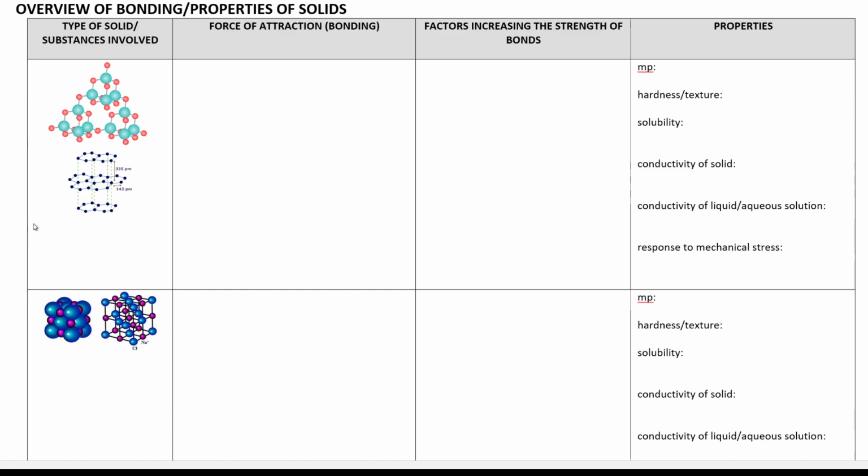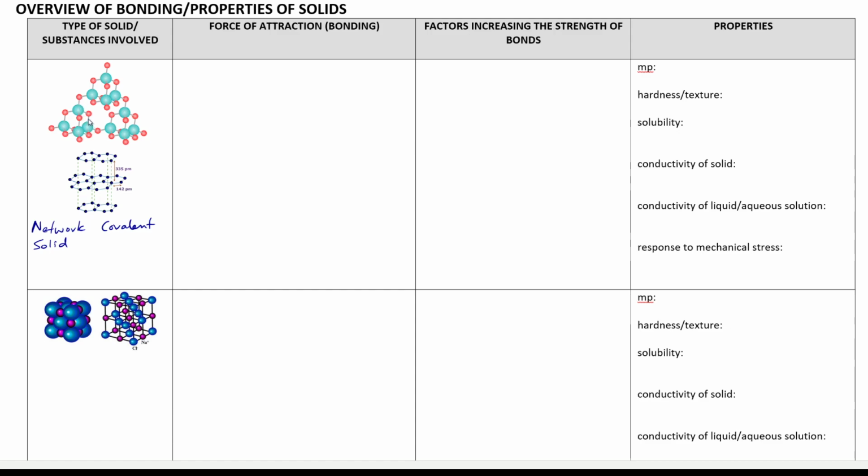And this is called a network covalent solid. So a network covalent solid is when the particles inside the solid, so the atoms inside the solid, are all bonded together in this crystalline network with covalent bonds.